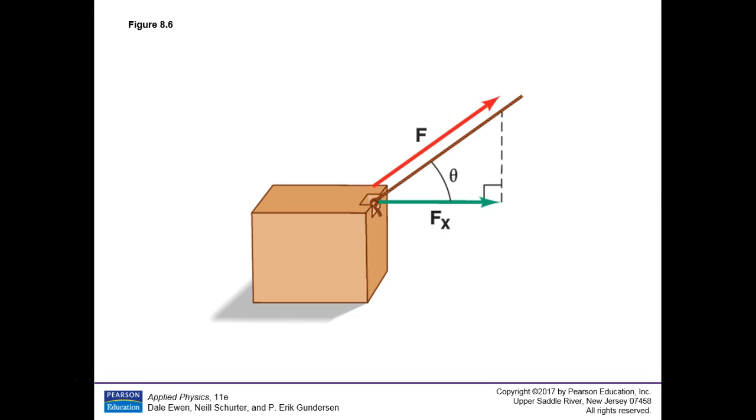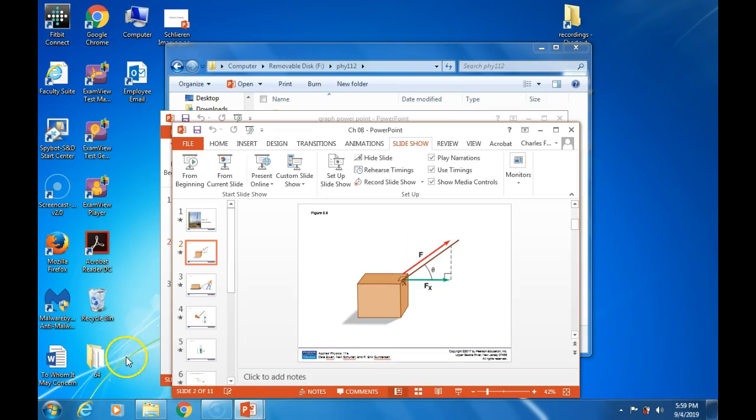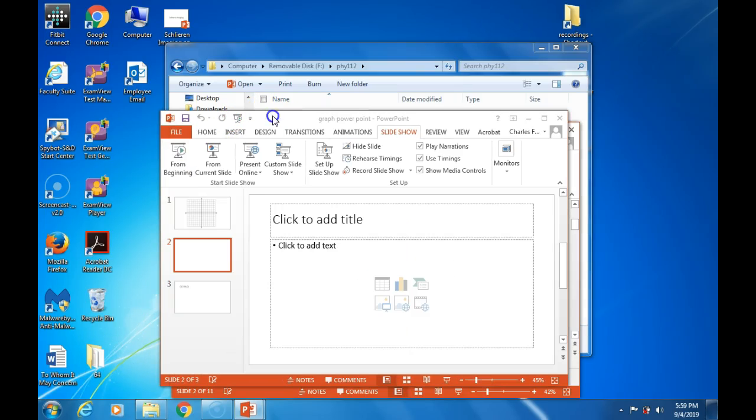Now, we don't get to that until a couple pages over, so let's go back to this. Go from current slide here. If I can get my pen from being trapped here.